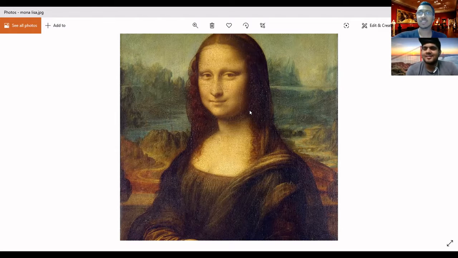Lisa Gherardini was the name of the girl. So she was a real girl. Obviously there have been many conspiracy theories, but according to the historians, the girl belonged to a rich family.